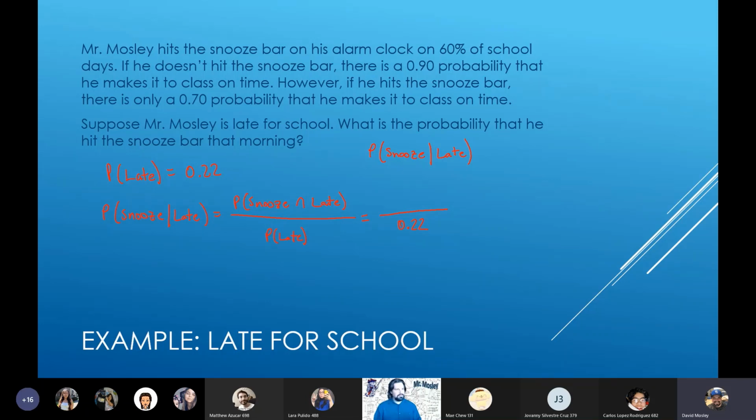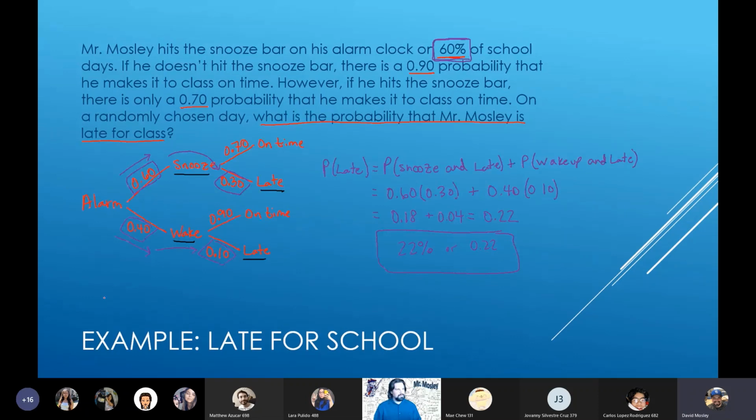Look back at what we have here. We already have that number. Would it be 60 and 30? Like 60 being snooze and then 30 being late? Yeah. So it's that same branch of multiplying here, snooze and late.